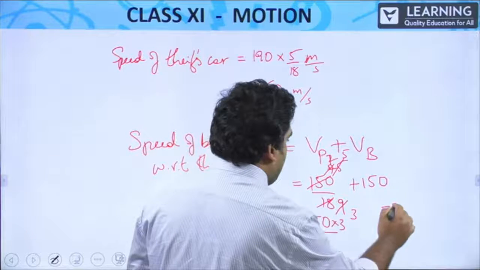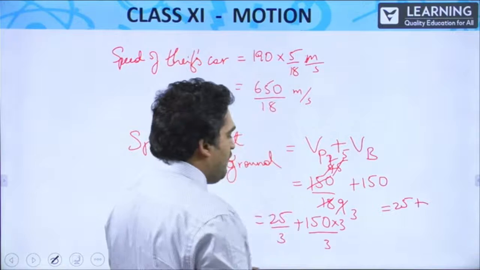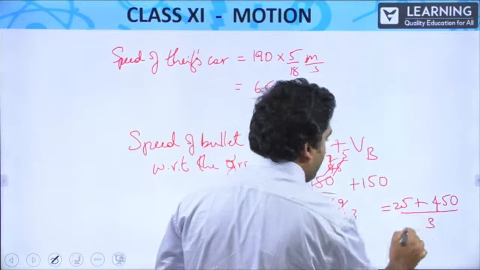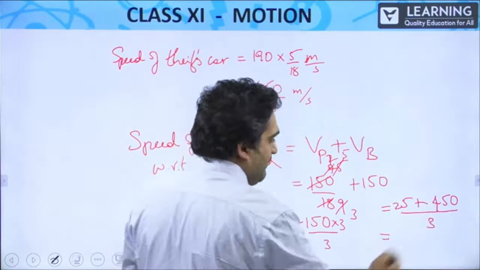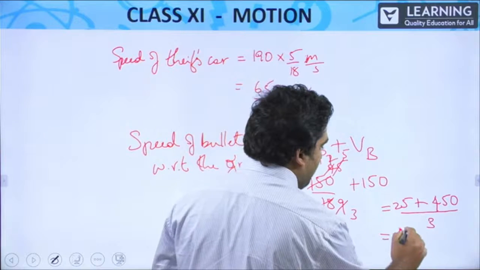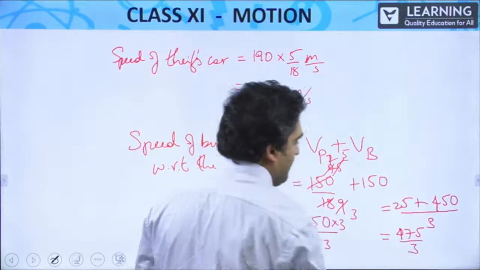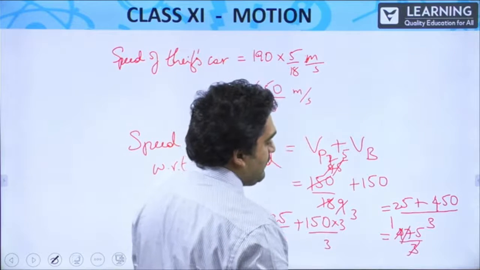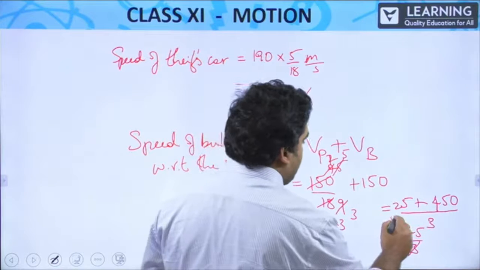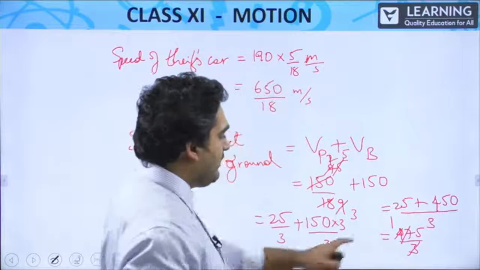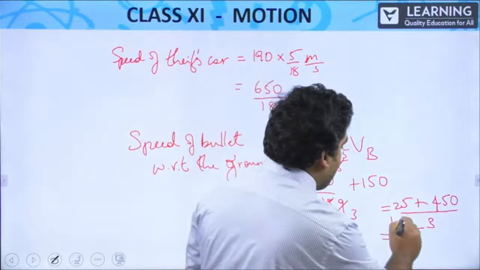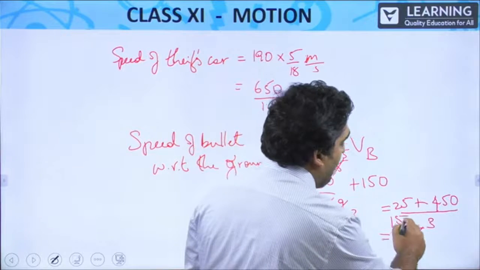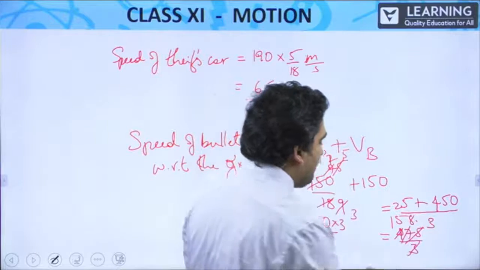So you get 25 plus 450 divided by 3. 25 plus 450 is 475 by 3, and divided by 3 you get a decimal, about 158.33.